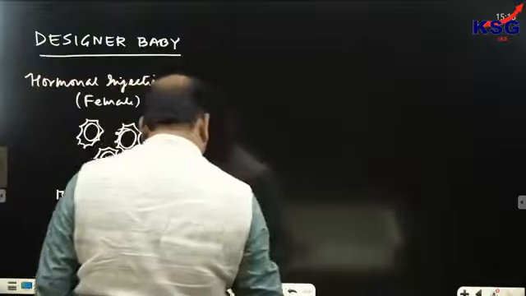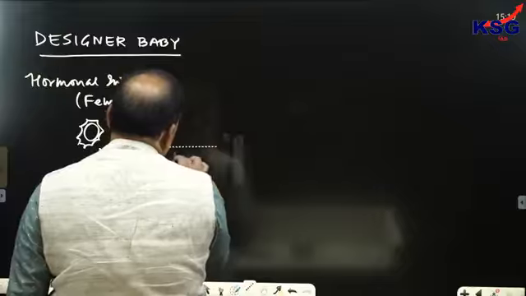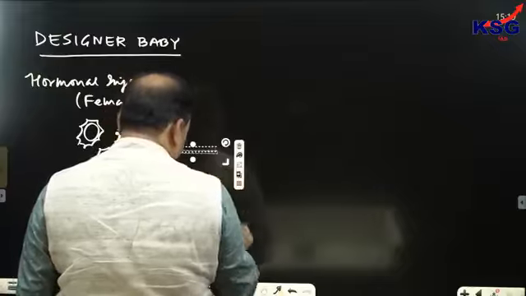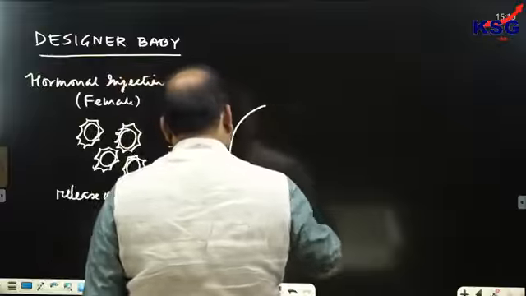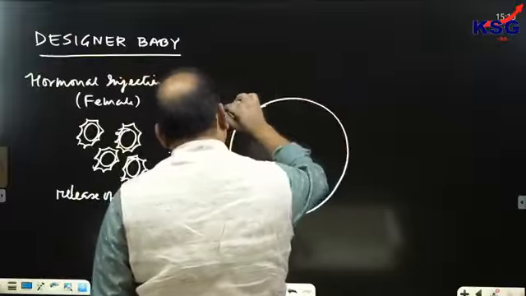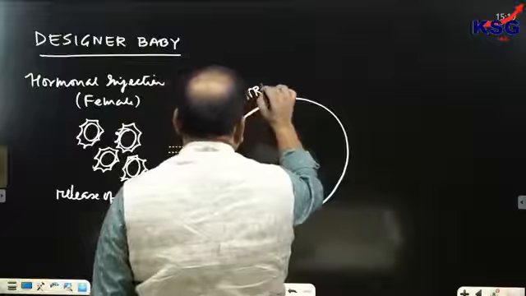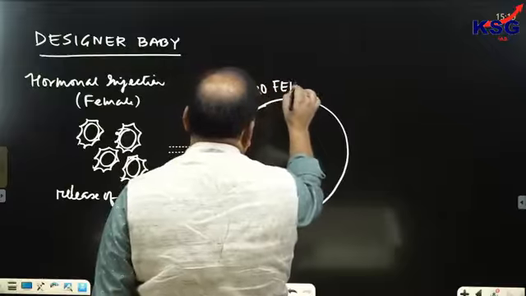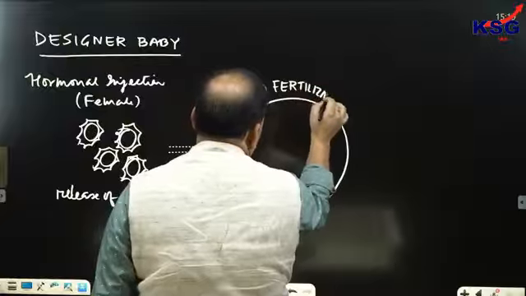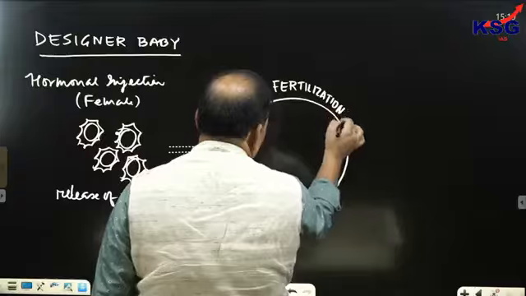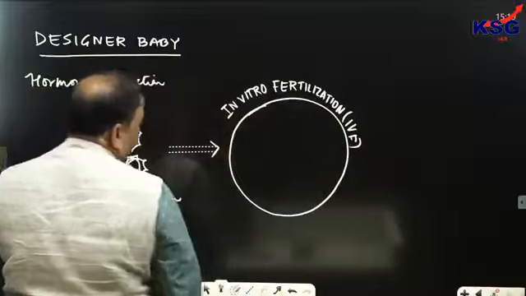Now what is done is that these eggs would be fertilized in the lab. So we are responsible for fertilizing these eggs in the lab. So in vitro fertilization, IVF, takes place.